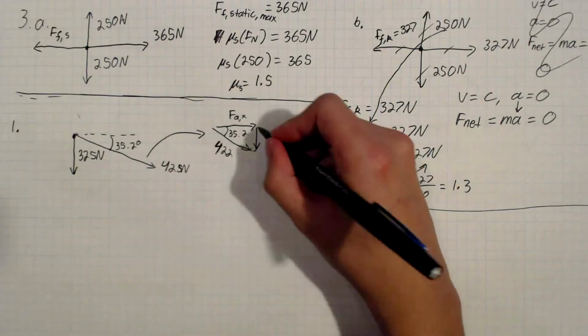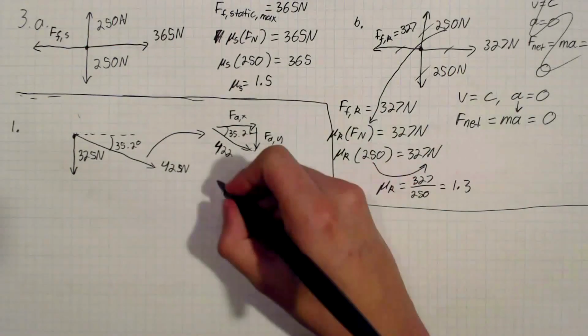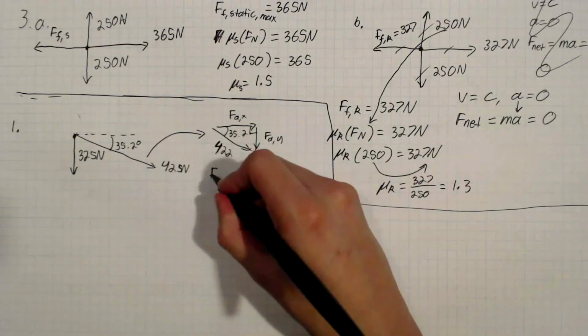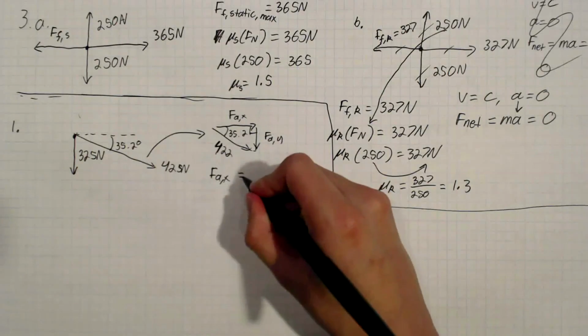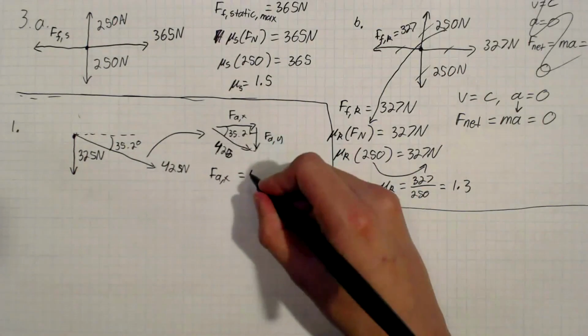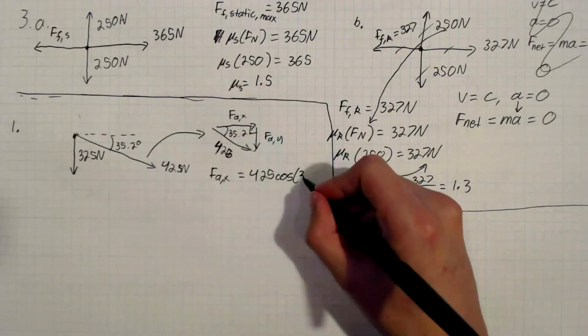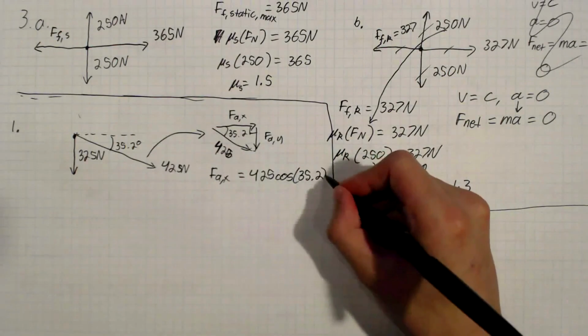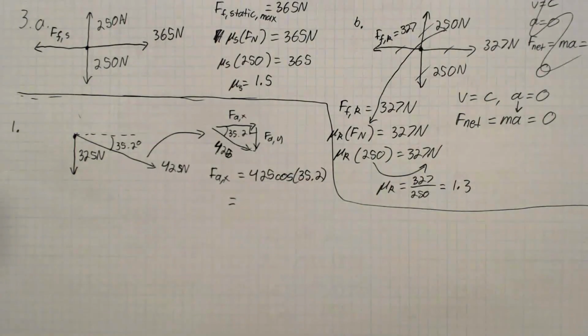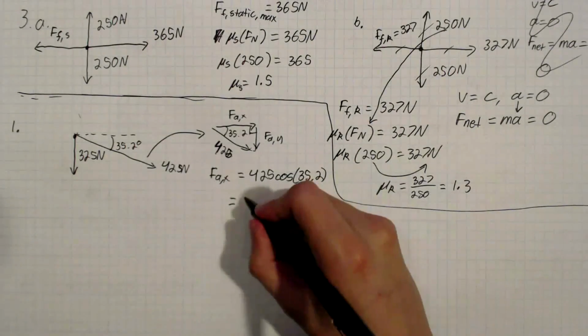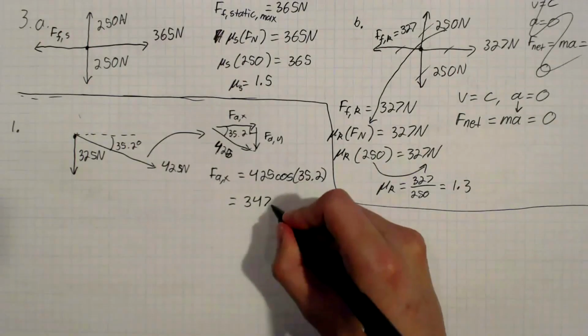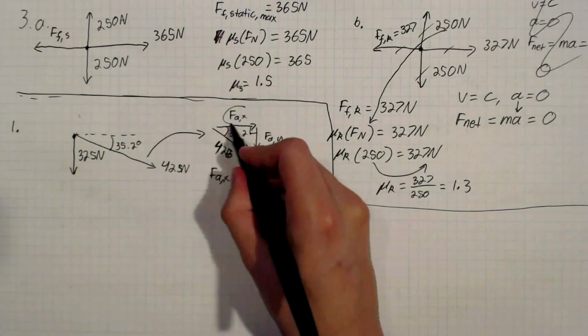So to find our x component, it's going to be 425 cosine of 35.2, which is going to be equal to 347 newtons. So that's this component.